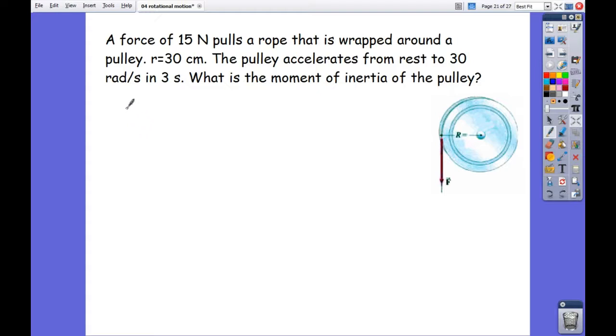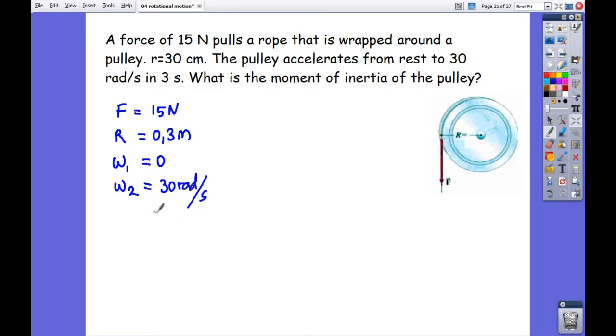Given the variables, the force is 15 Newton, the radius is 0.3 meter, and it accelerates from 0 to 30 radians per second in 3 seconds.